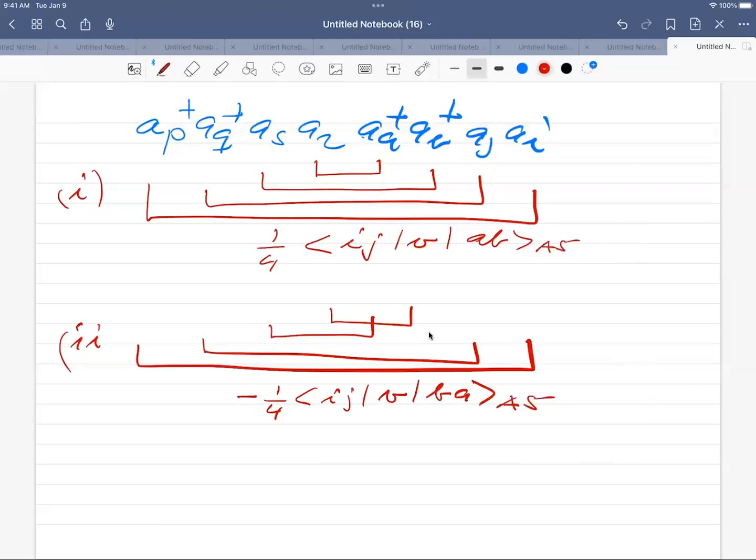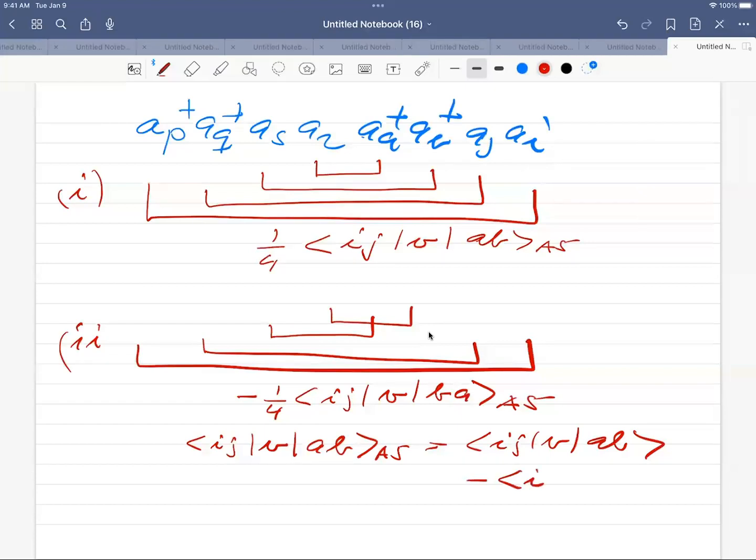Now, the way I have defined these matrix elements, if you look at this IJ of V of AB anti-symmetrized, these are matrix elements. I just wanted to repeat this. I hope you can excuse me if I keep repeating things. And then I can have an IJ and a V of BA, like that. That's a definition. Now I can obviously interchange A and B, because these are just dummy variables.